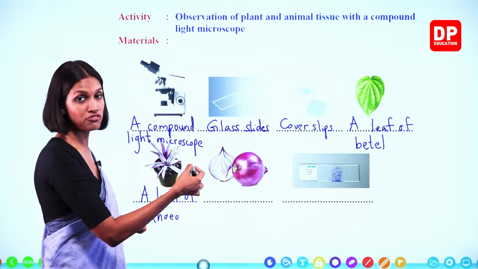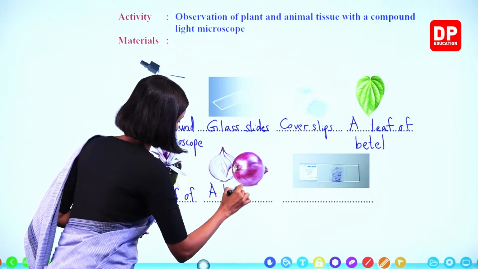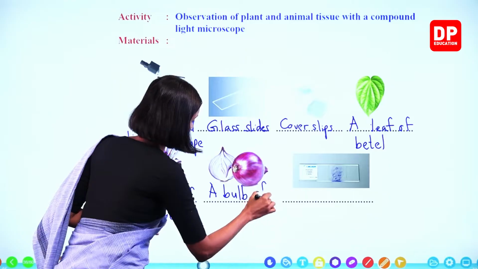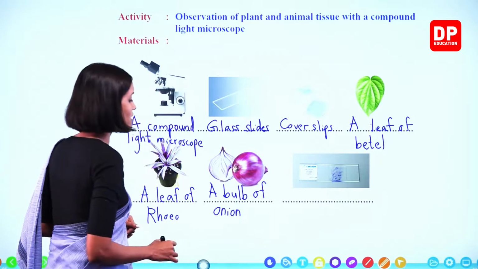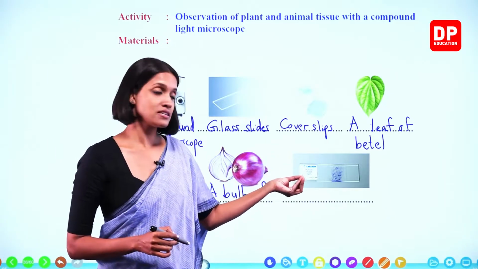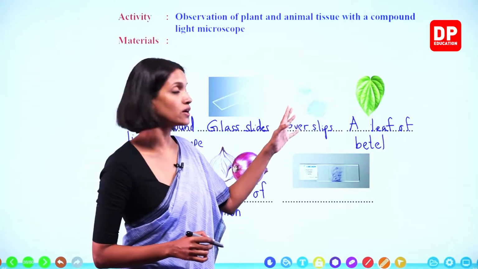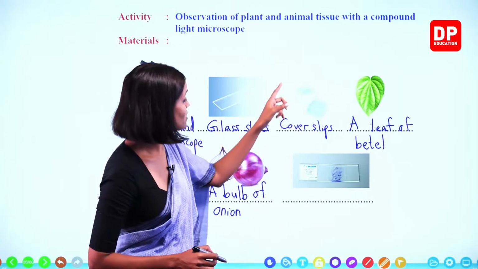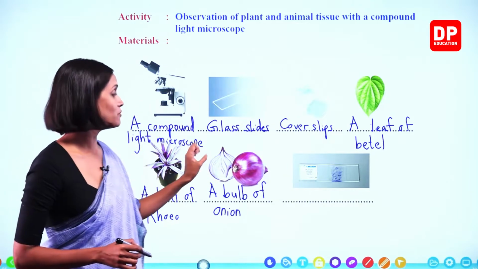And we need a bulb of onion. And finally, we need a slide made of cheek cells. Now here we are not going to make the slides. In all these 3 instances we are going to make live specimens of a leaf of betel, a leaf of royo and a bulb of onion.